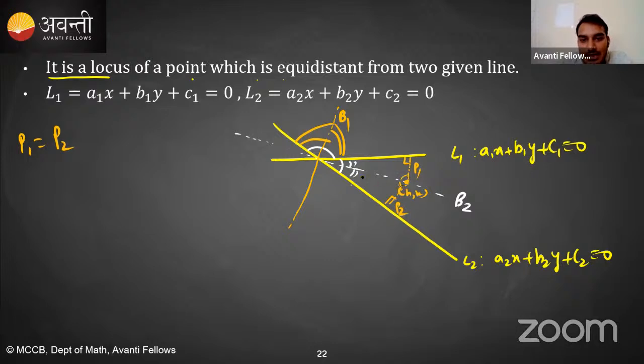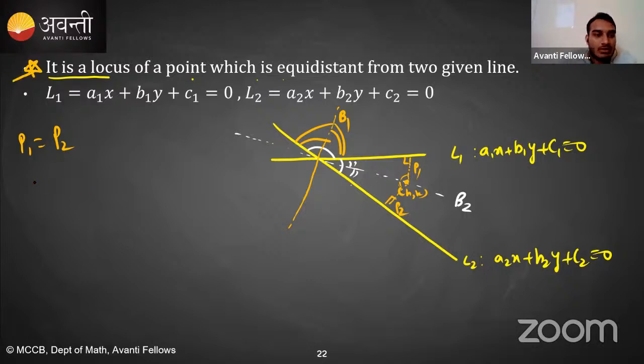So the three angles of the triangle are equal, and this line is common, so the hypotenuse is also common, which means these two triangles are congruent, so each side will also be equal, so P1 will be equal to P2. Simple, right? We proved it orally, it is that simple. We have to focus on this: the angular bisector is the locus of a point which is equidistant from two given lines. This is the definition that you have to remember.